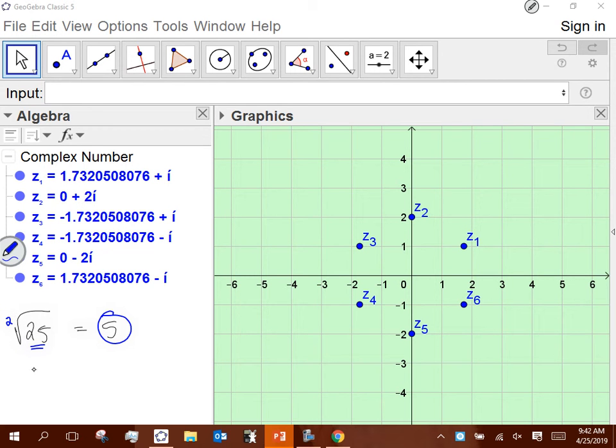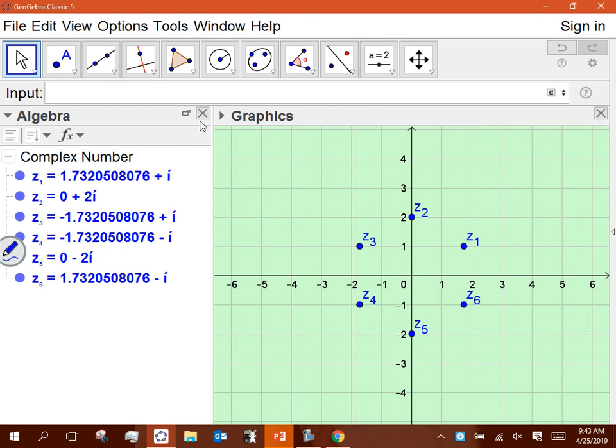So we just said that the 6th root of negative 64 plus 0i is equal to radical 3 plus i. So what should I be able to do with that number to get negative 64 plus 0i? Raise it to the 6th power. So let's see if that happens.